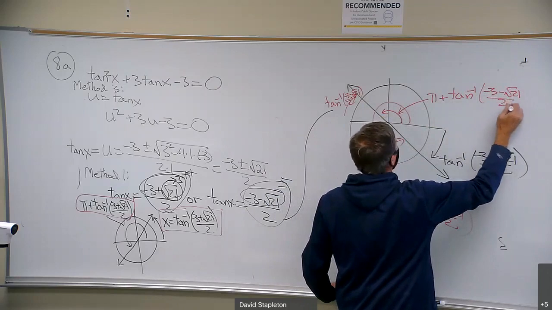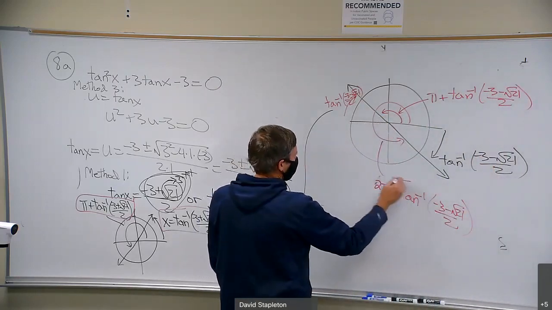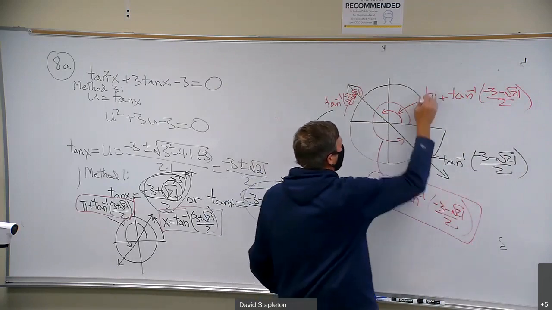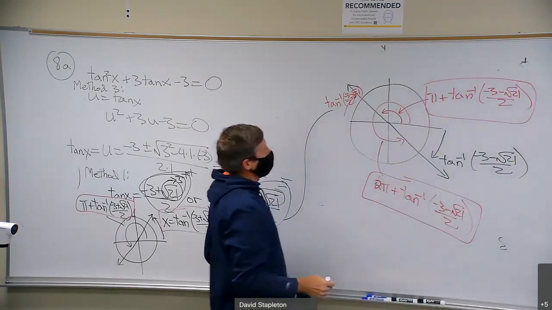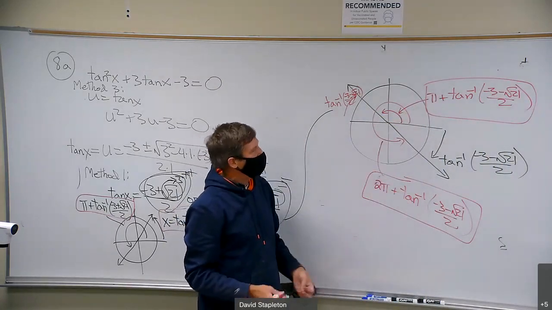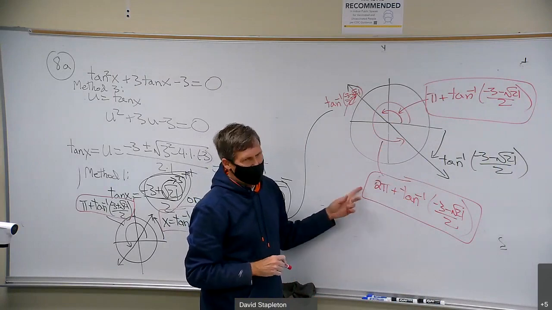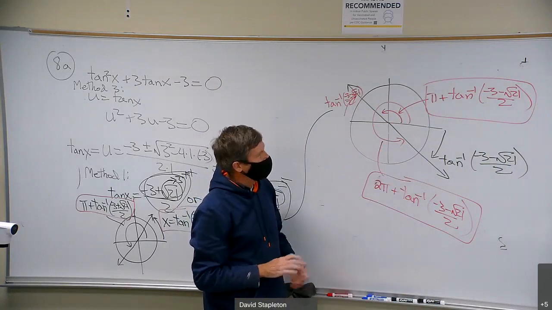Maybe the hardest problem in the course, I don't know. Two more solutions. 2 pi plus this arctangent and pi plus this arctangent are the other two. These are not listed on the answer key. You're supposed to run the decimal of that. We're out of time, so I'll just leave it right there. But there's 4 answers to this one, not 2 as listed in the key.